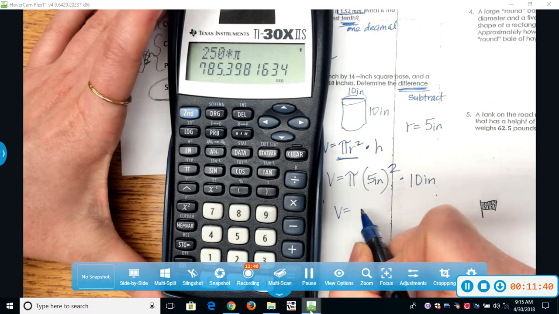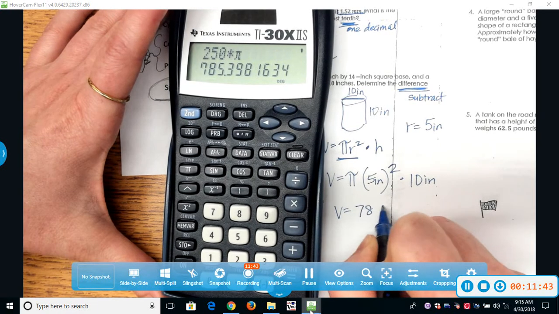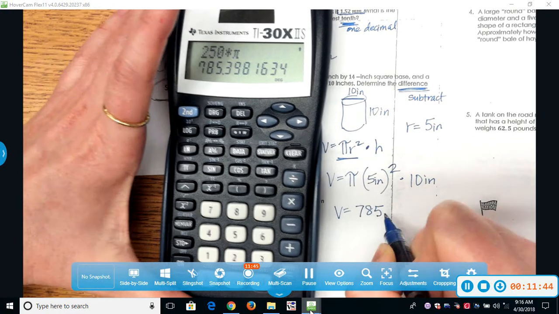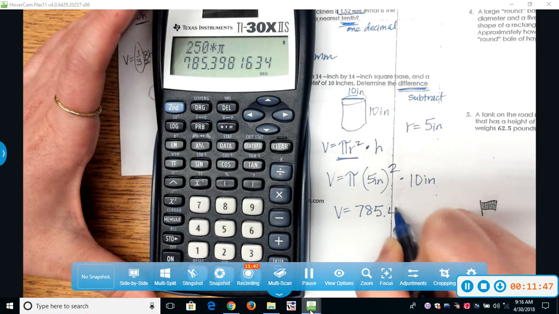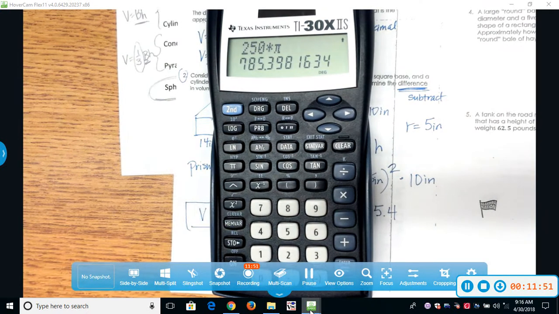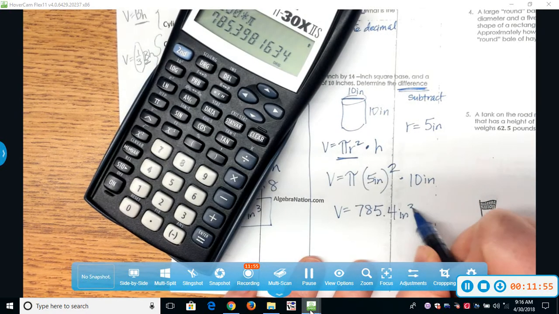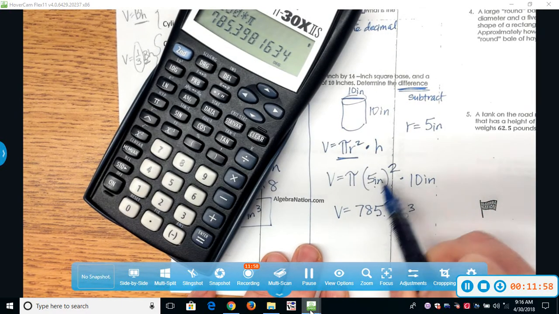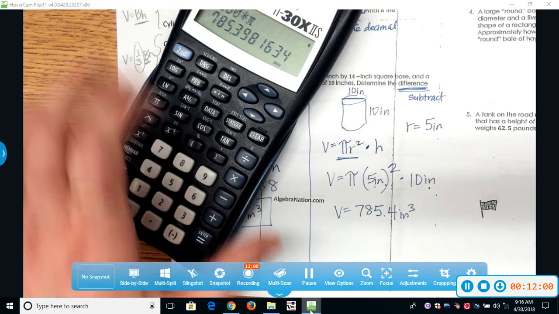All right, my volume for this cylinder is 785 point blah, blah, blah, blah. I'm going to round to 4, but I'm going to keep this number in my calculator and use that. Again, it's volume. My inches are cubed. Inches times inches times inches.